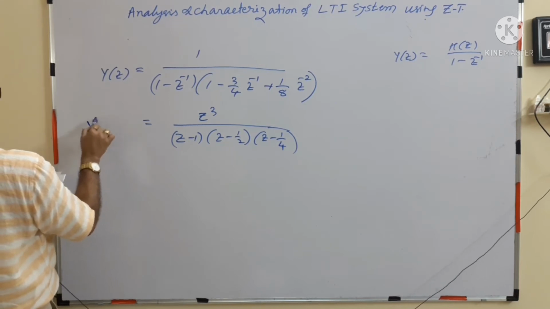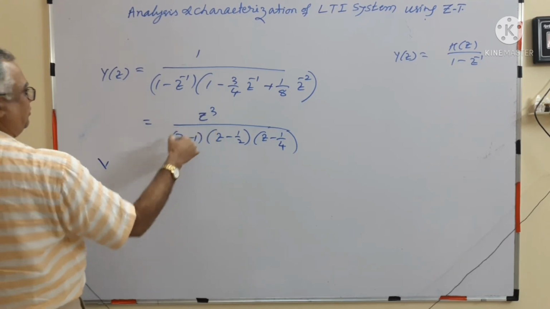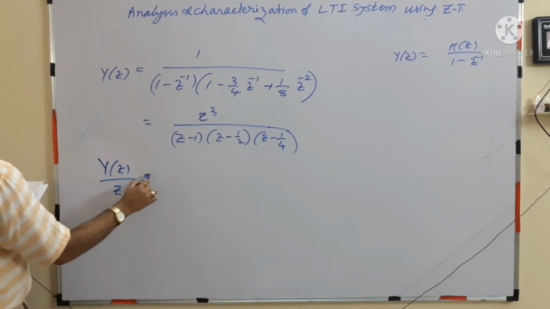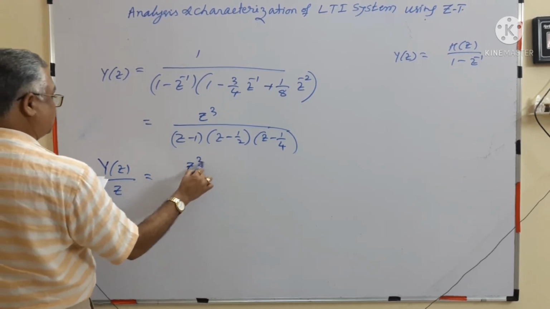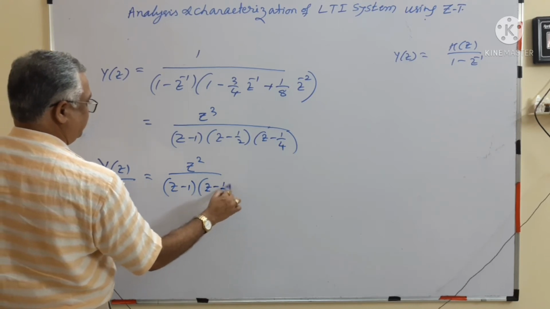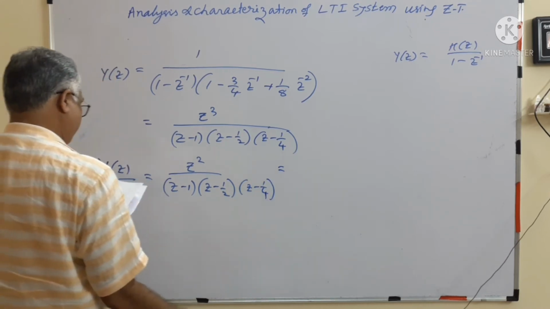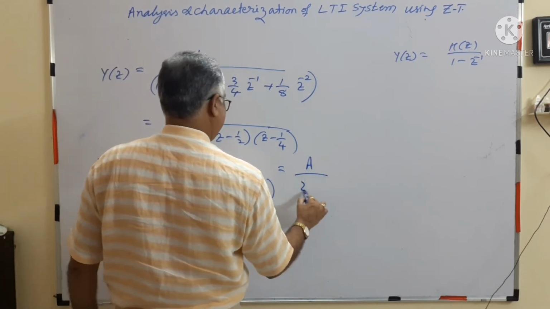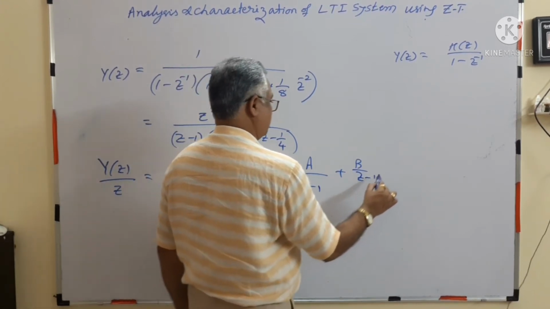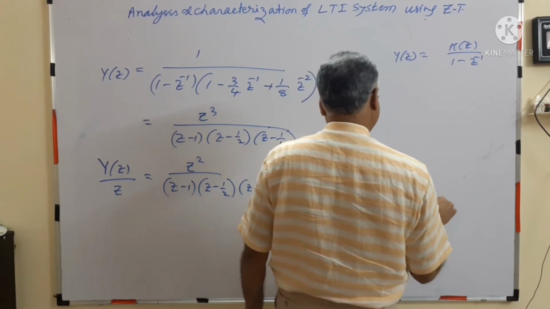Then here powers are equal, so Y(z) by z, this will be z square by (z minus 1)(z minus 1 by 2)(z minus 1 by 4), which is equal to A by (z minus 1) plus B by (z minus 1 by 2) plus C by (z minus 1 by 4).